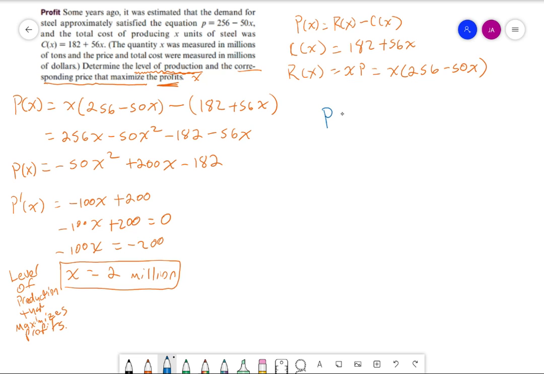And so that is P is going to be equal to 256 minus 50 times 2. And so we get 156, and for our units to be correct, that's $156 million per million tons, or $156 per ton.